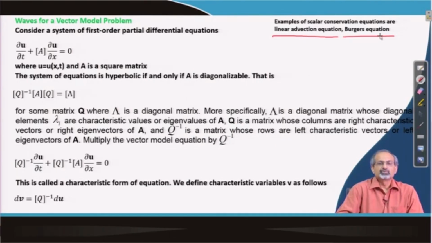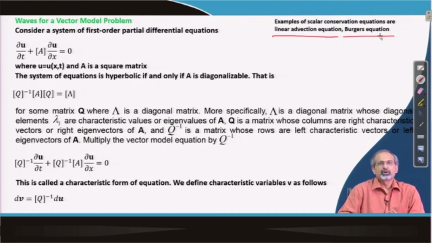Now, once we get into one dimensional Euler equation, even with one dimension we have a vector model, because we have continuity equation, one component of momentum equation and energy equation, which are a combined system of conservation laws which have to be handled. Therefore, it becomes a vector model problem.